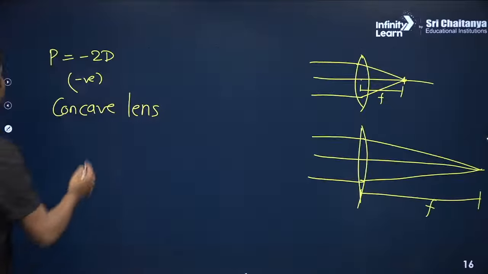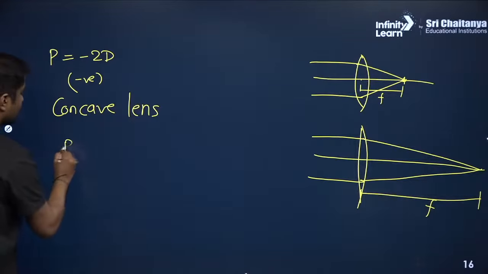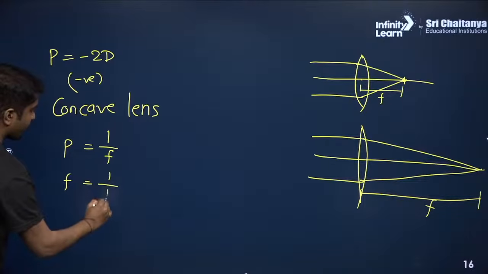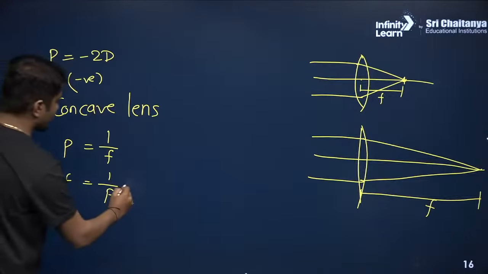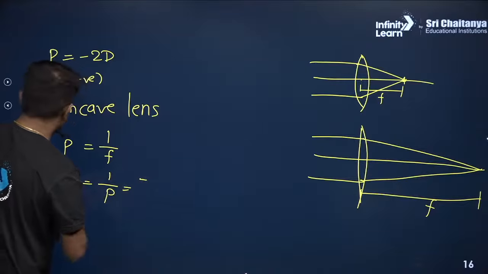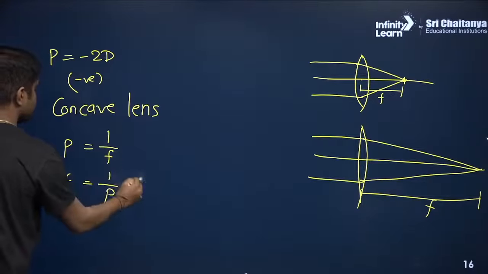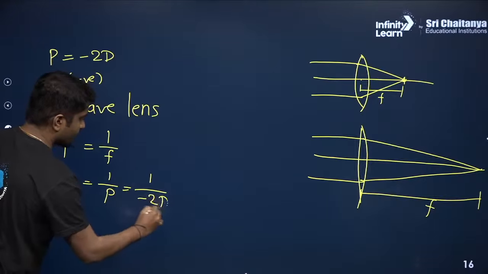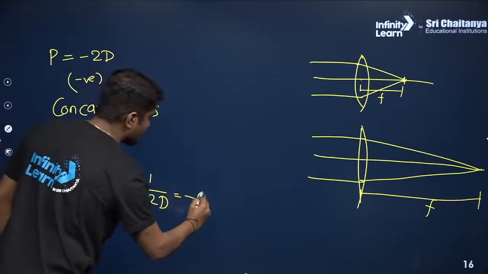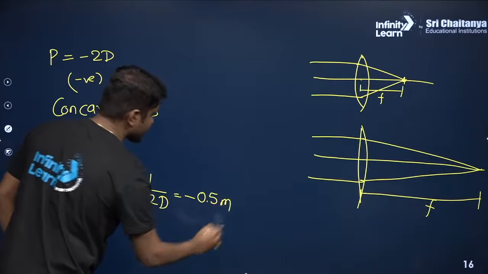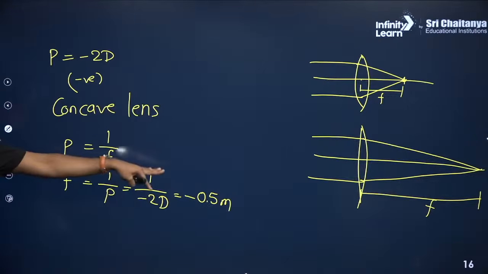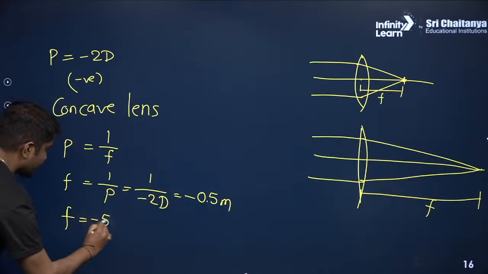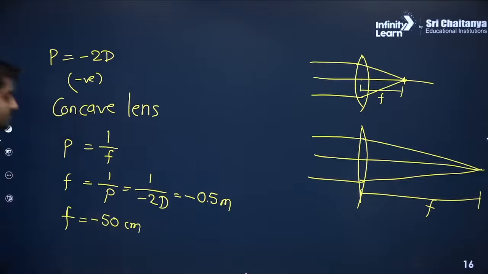So we know P is equal to 1 by F, or F is equal to 1 by P. What is power? -2 diopter. So this is 1 by -2 diopter. So this will be -0.5, and this is in meters. So focal length is -0.5 meters, or focal length is -50 centimeters.